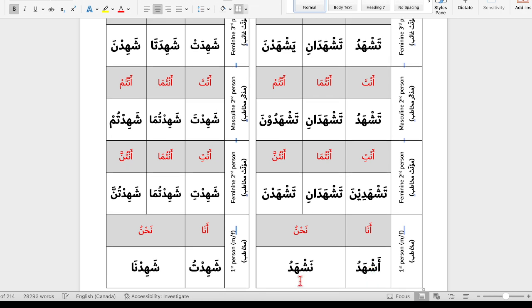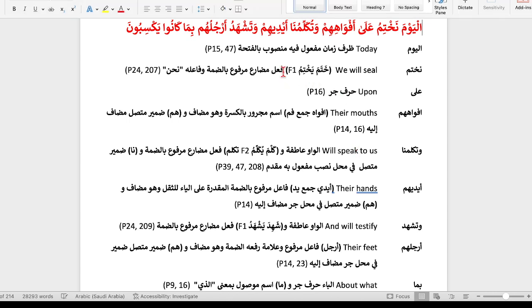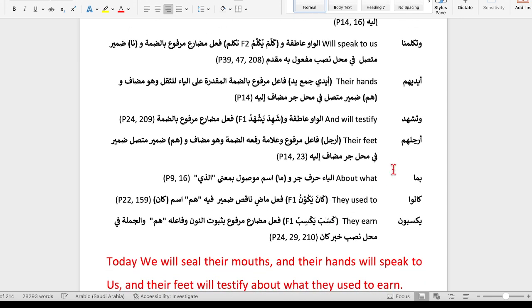In that, ashhadu is used, I testify. If you're going to say we testify, then you use nashhadu. But here tashhadu is used. She testifies, she refers to the feet, because it's a broken plural. And their feet, arjuluhum.